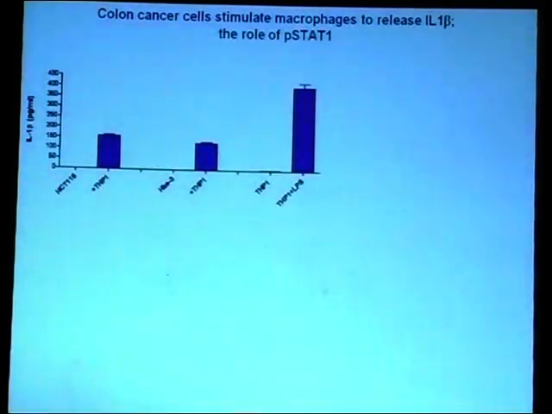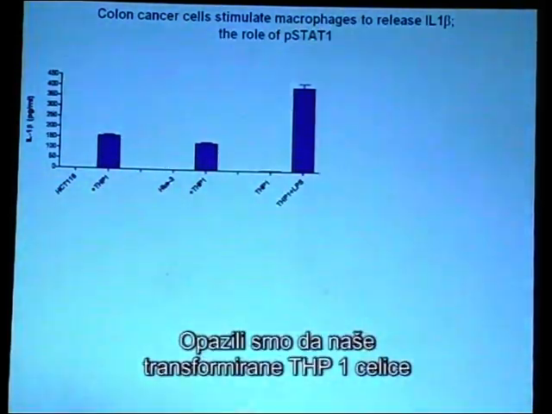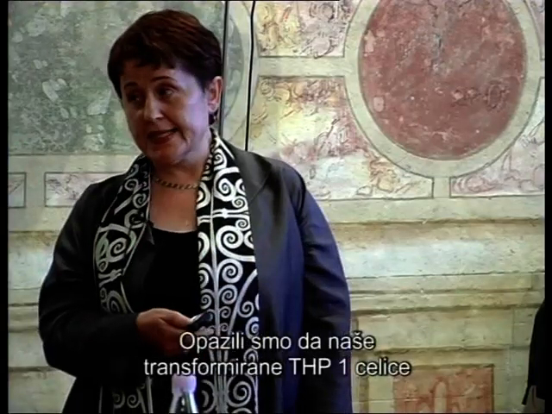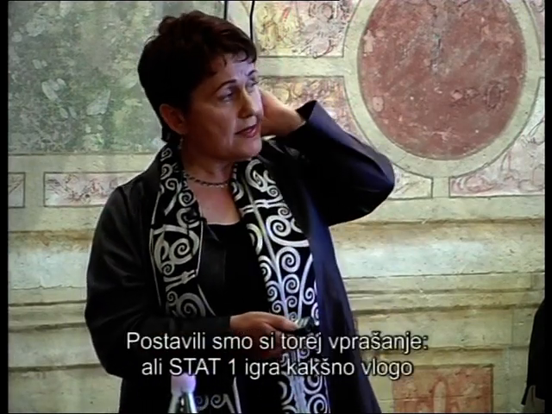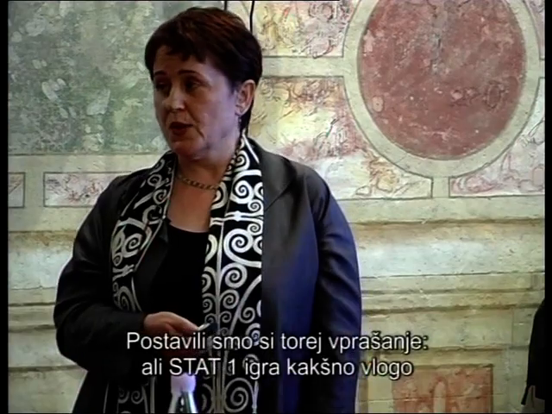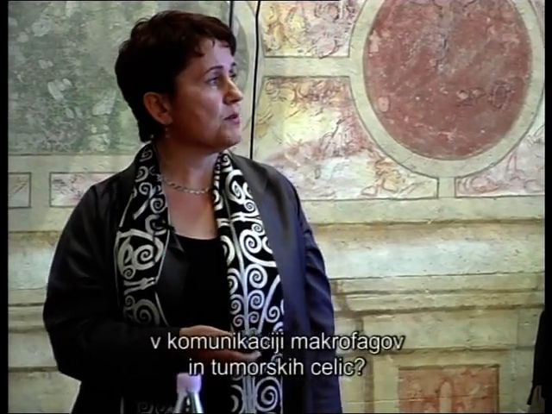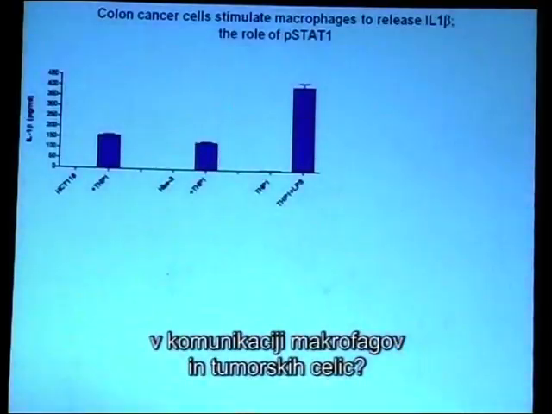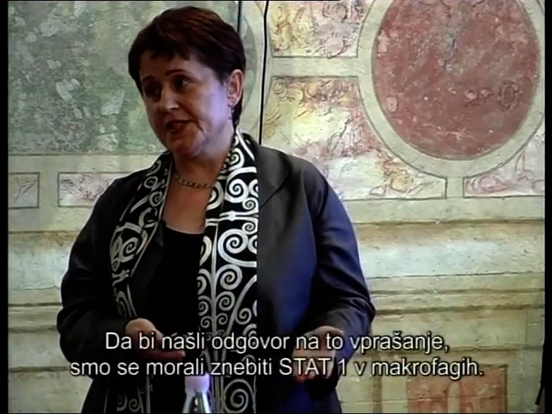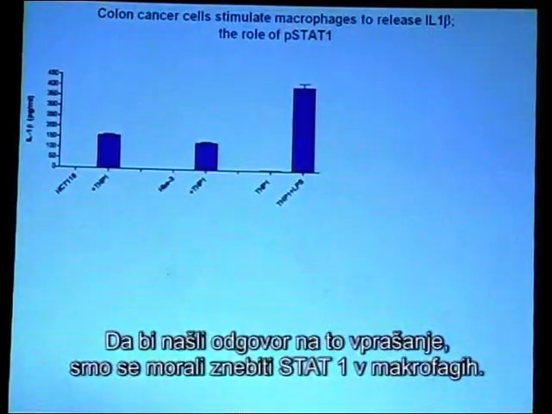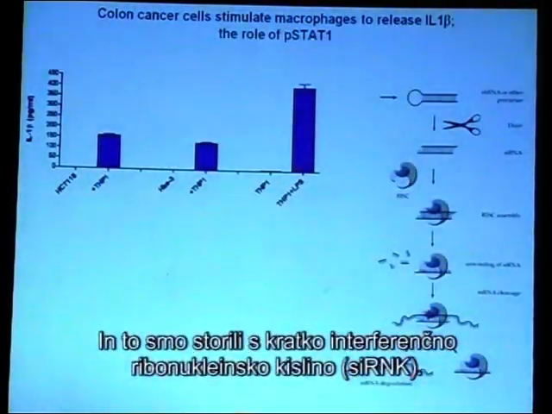We noted that our transformed THP1 cells indeed have activated STAT1. So we asked whether STAT1 plays a role in the crosstalk between macrophages and tumor cells. To answer this question, we had to get rid of STAT1 from macrophages, and we did that through small interfering RNA.